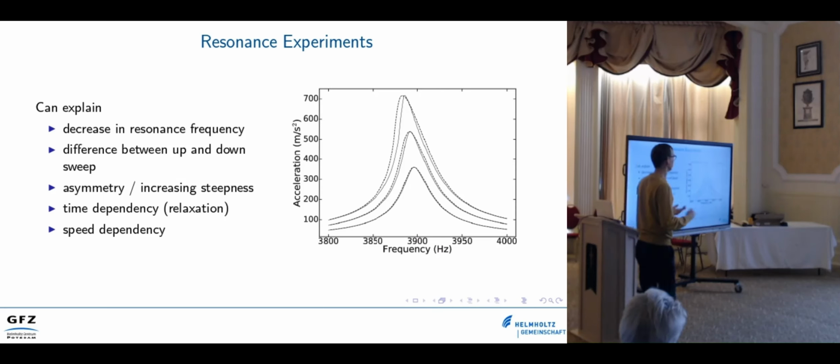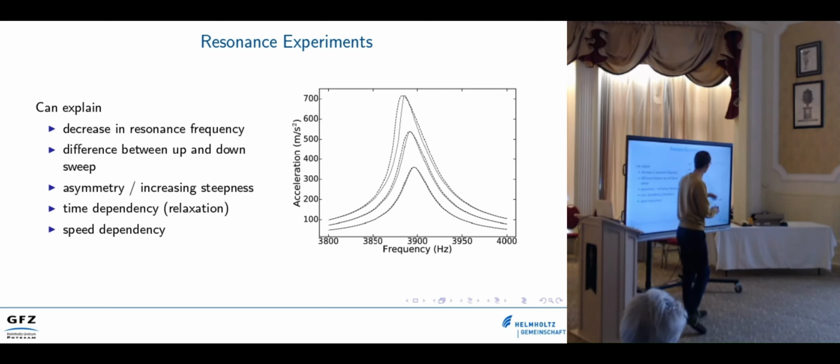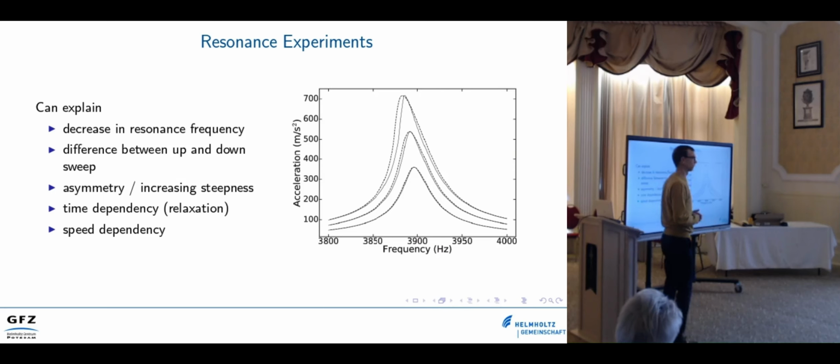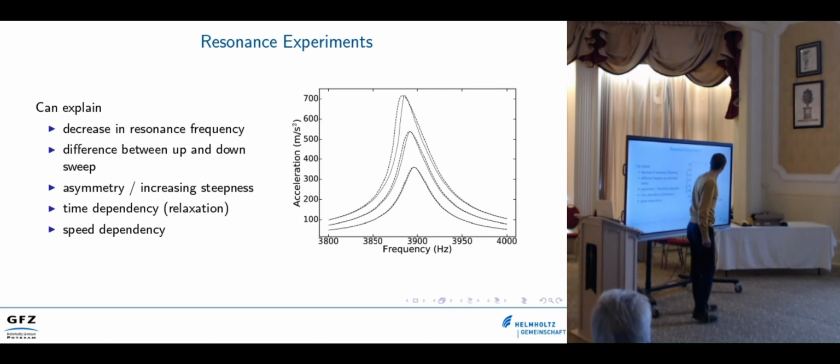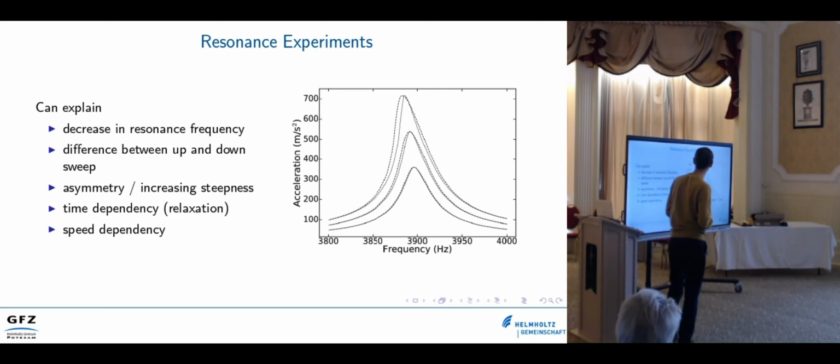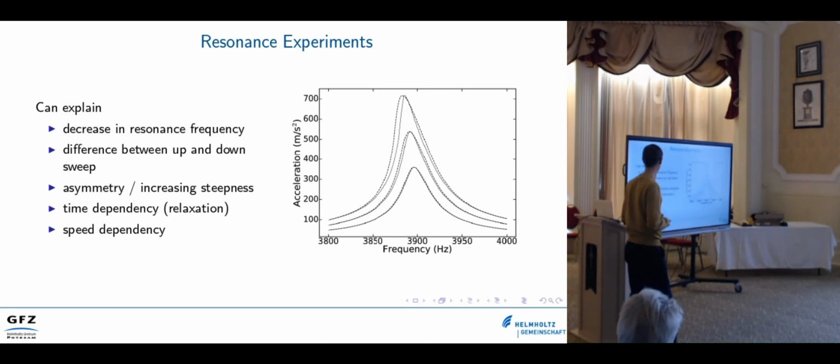And this rather simple concept of this contact can actually reproduce lots of features of these resonance experiments. For example, the decrease in the resonance frequency, which is the normal observation. We have a difference between the upward and the downward sweep, which is due to the different transition times. And we see the asymmetry, the time dependency and relaxation, which I don't show here.